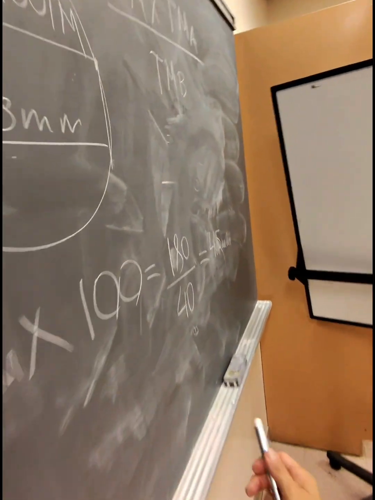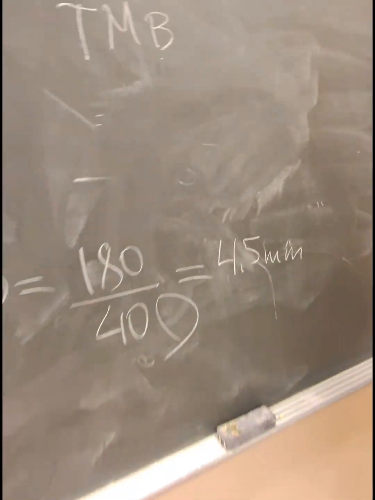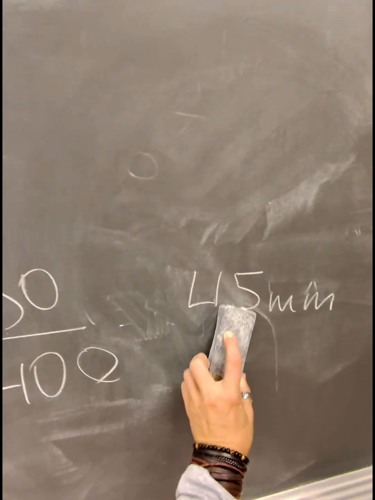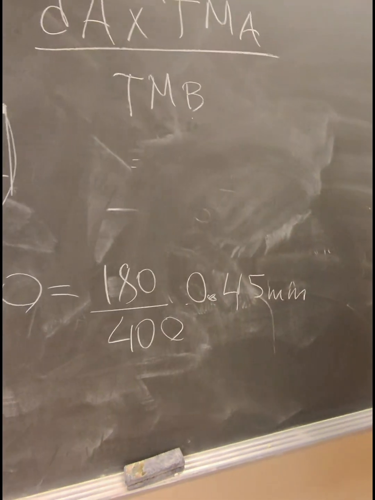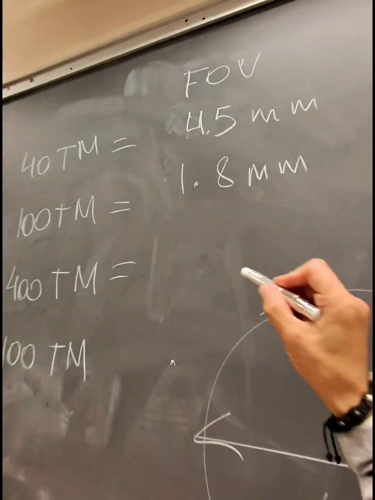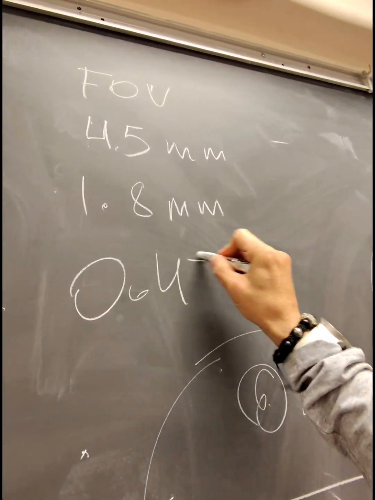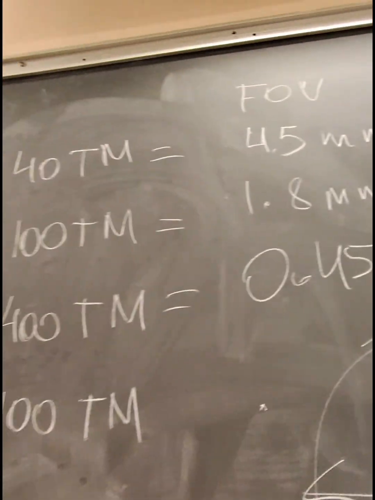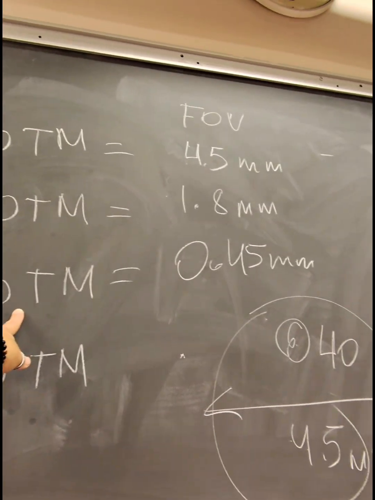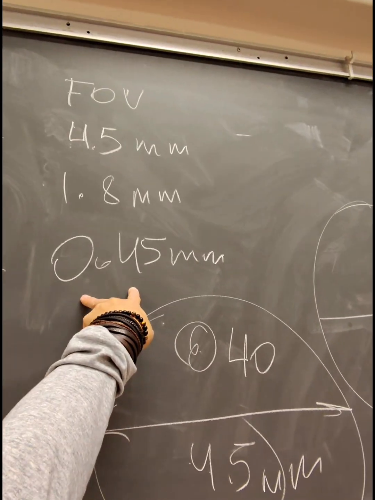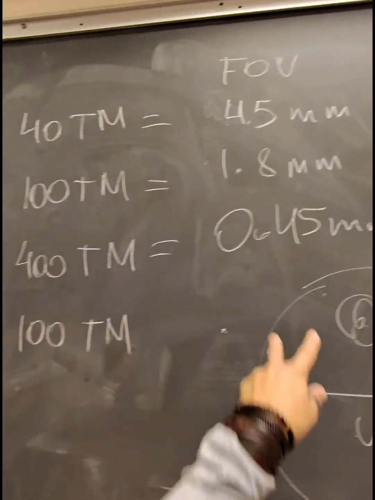So now let's divide this by 400. We're just moving these decimals, and it's going to be 0.45 millimeters. You increase your magnification, but you decrease your field of view.